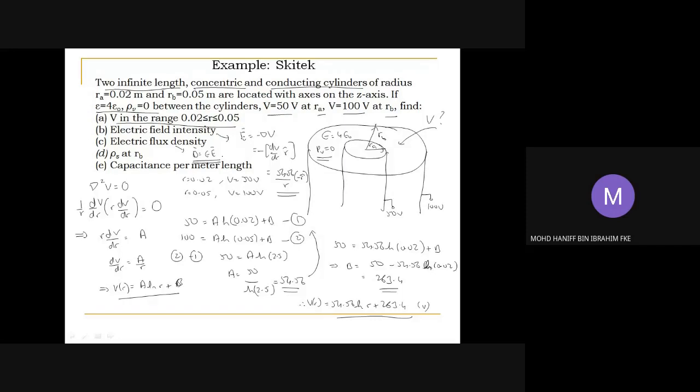Okay then. Any question for this example? Yeah. I don't know how the Laplacian squared of V equals 0 becomes 1 over r, d over dr of r dV over dr, then how it finally becomes r dV over dr equals A. Oh, is it this particular part?